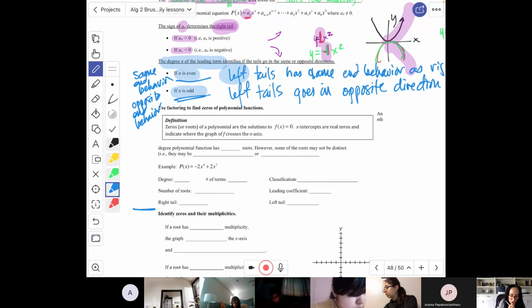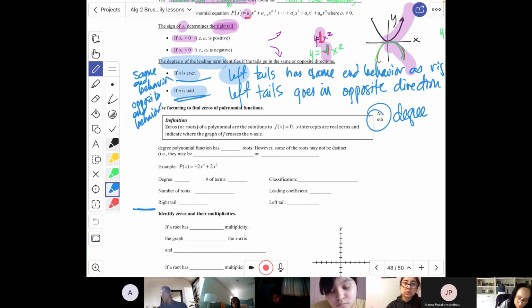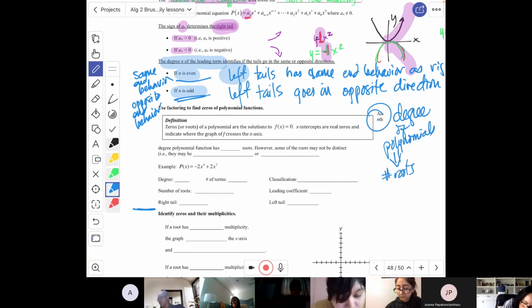Now, the degree of the polynomial tells you how many roots you have. The degree of the polynomial tells you the number of roots. So an nth degree polynomial has n roots.